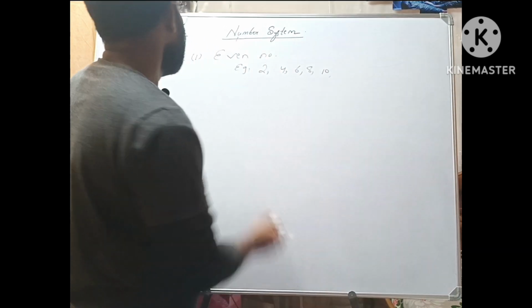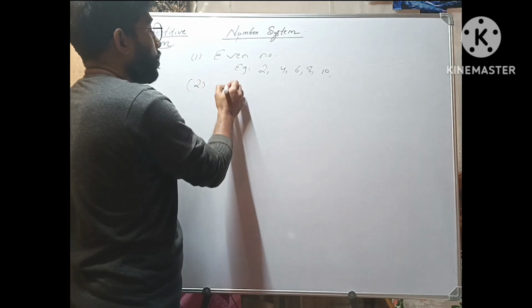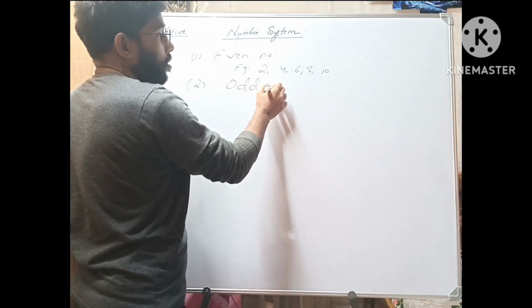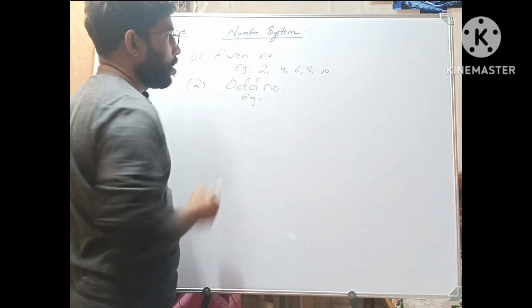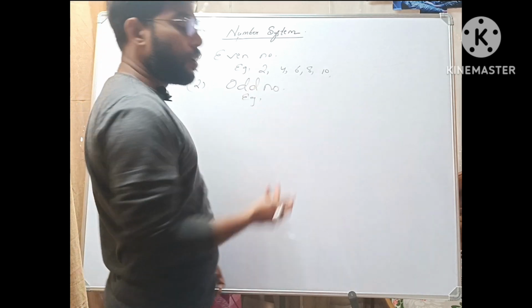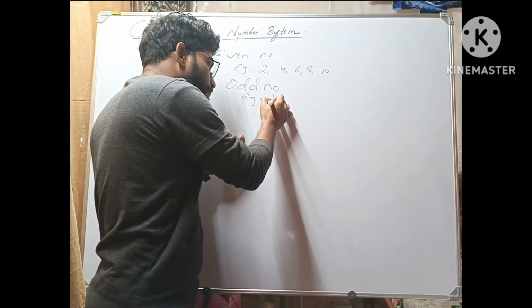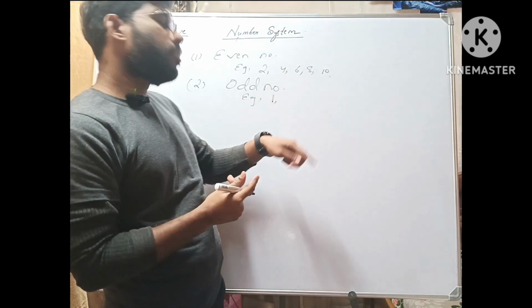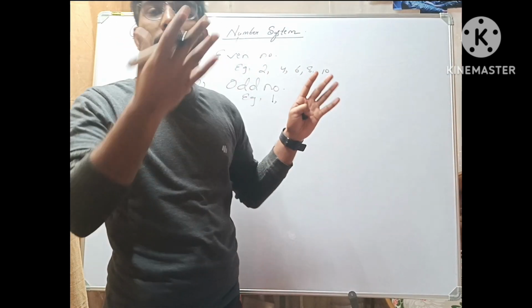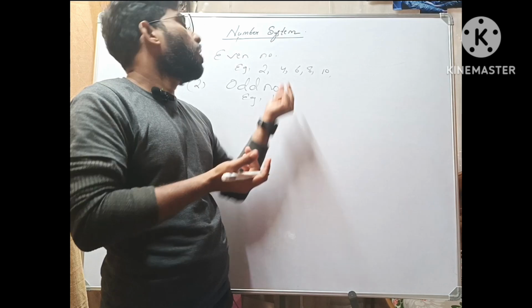Now odd numbers. They are the same as even numbers, but the only difference is that they start from 1. Odd numbers start from 1, even numbers from 2.